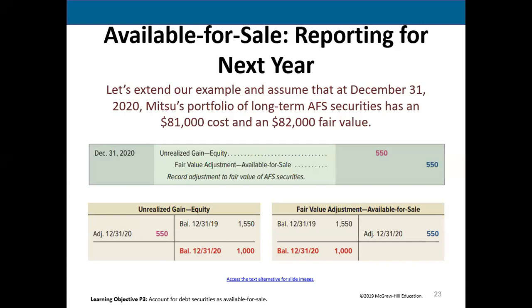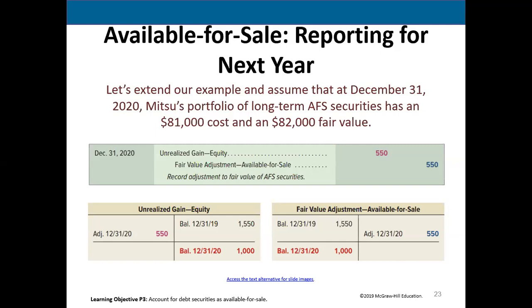Now remember what the fair value adjustment account is used for. The balance in that account is either added or subtracted to your debt investment account. So if our debt investment account is currently at $81,000 and we need it to be at $82,000, we want our fair value adjustment account only to have a $1,000 balance.